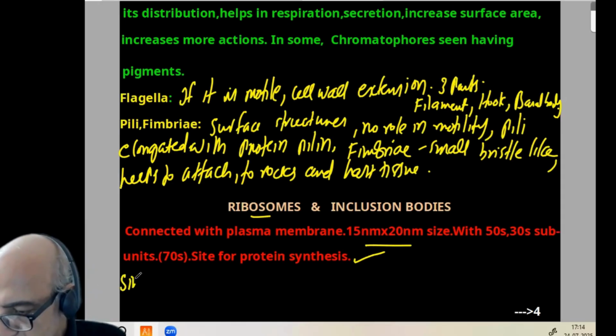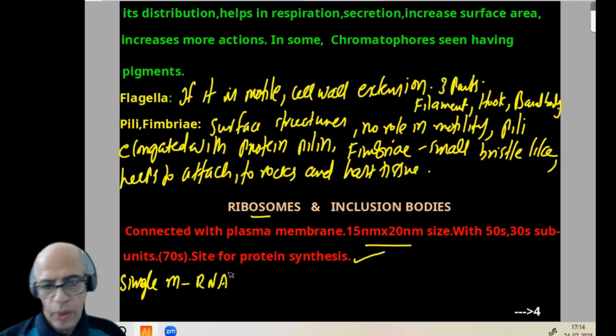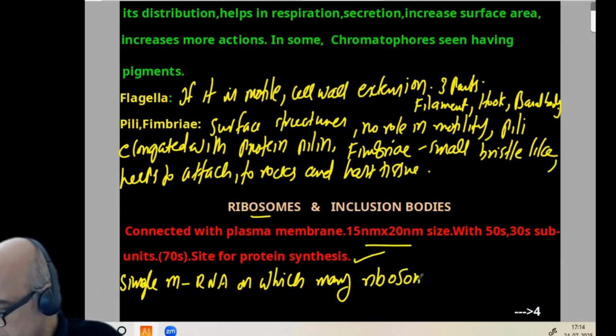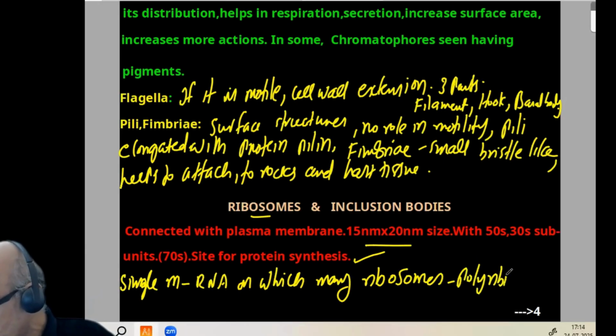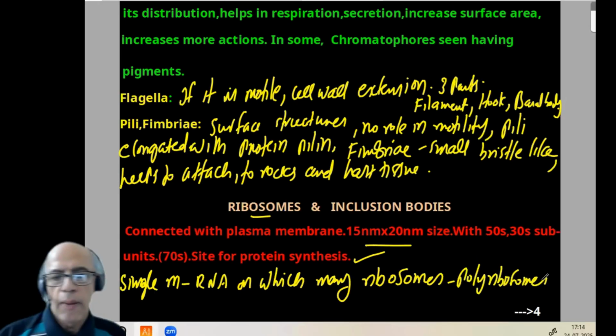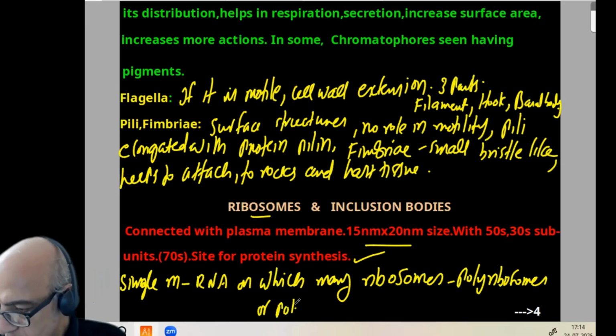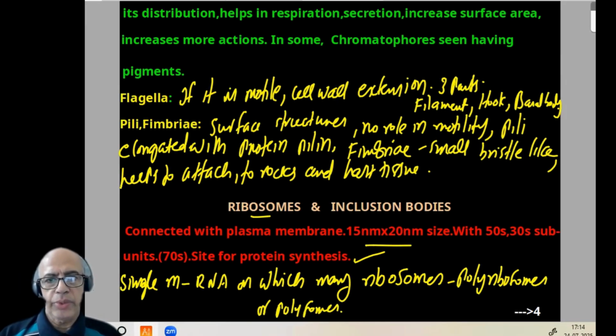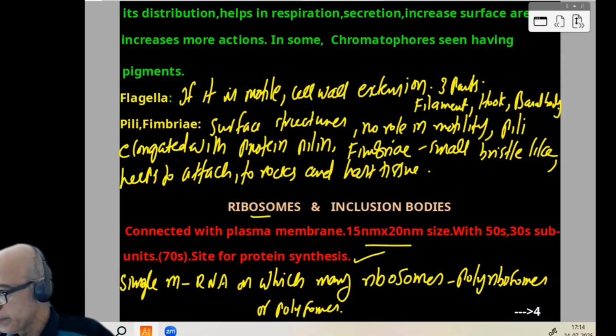Now, a single mRNA on which many ribosomes sit forms what is called polyribosomes or polysomes. I think the idea is clear. Now we can proceed to the next page.